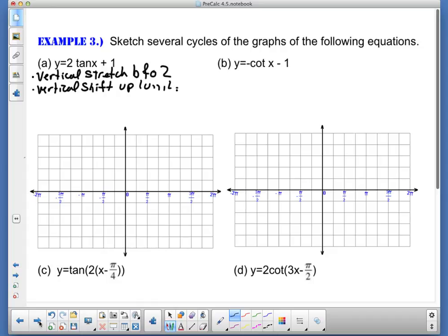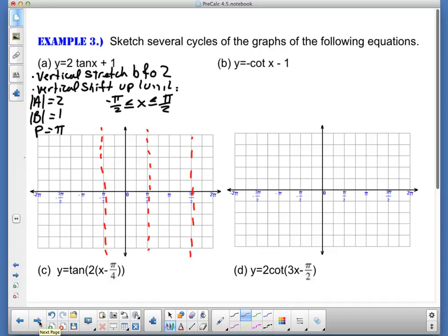Okay, and keep in mind my A is 2, my B is 1, my period is pi. So I'm going to go, since it's tangent, my period is regularly negative pi over 2 to pi over 2.